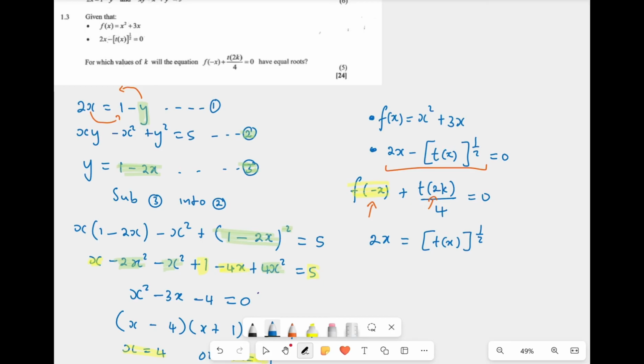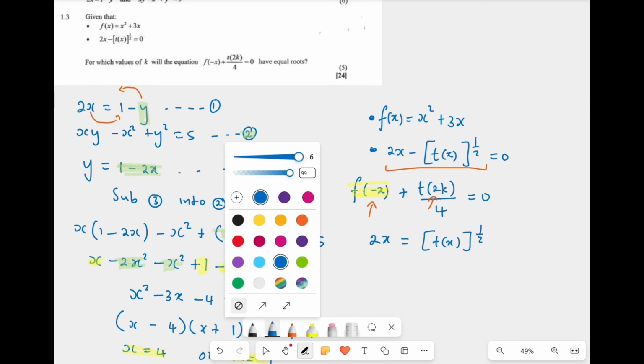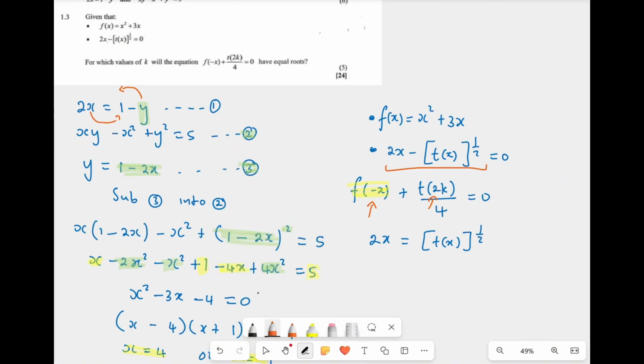An exponent of 1 over 2 is the same as a square root. So I can remove the exponent of 1 over 2 by multiplying it with the reciprocal, which is 2 over 1. So it is the same as squaring on both sides.